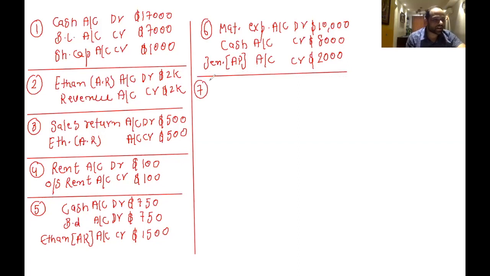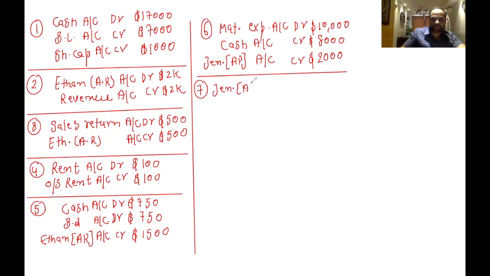Number 7 is material returned to Jennifer, which was bought on credit. Tell me, what is debit, what is credit? Jennifer account payable debit for 2,000 and material return credit for 2,000. Yes.